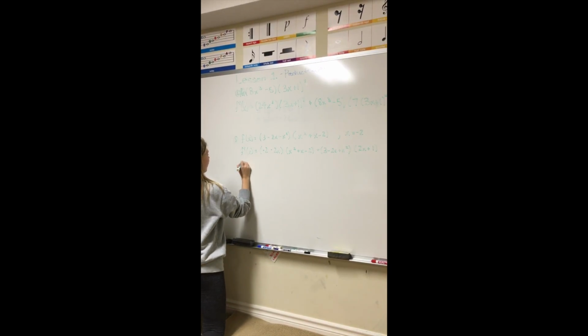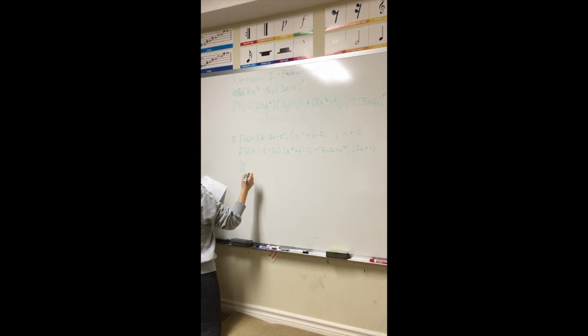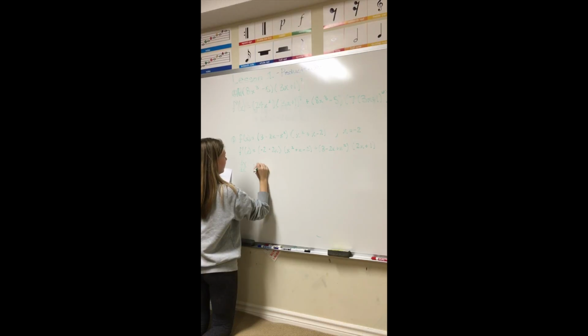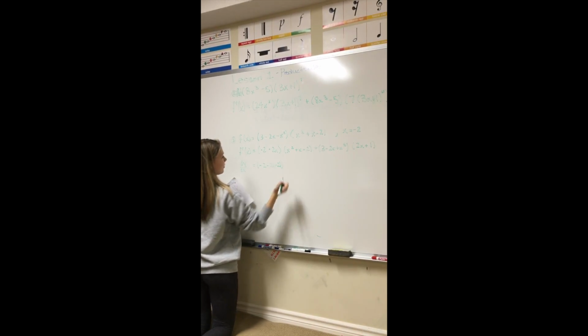Then you're going to find dy over dx, where x is equal to negative 2. It's going to get a little complicated, but the math is actually very simple.